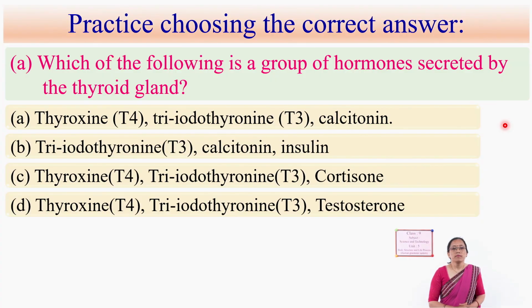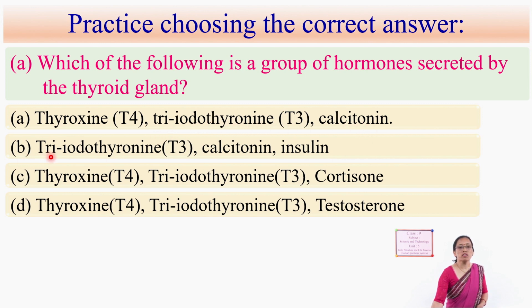Okay, we have learned various types of endocrine glands. Let's practice some questions to check our knowledge. First question: which of the following is a group of hormones secreted by the thyroid gland? First option is thyroxine, triiodothyronine, calcitonin.